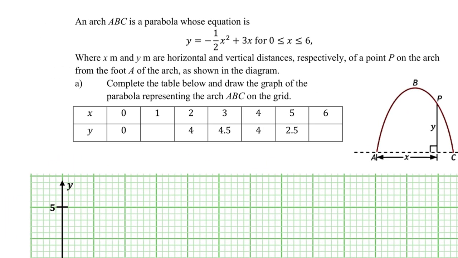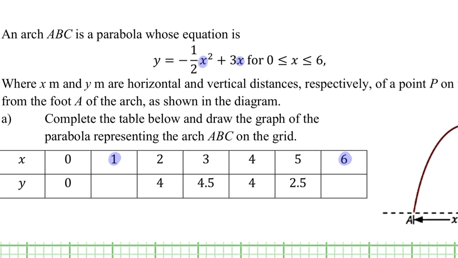Alright, let's complete part A first. Part A happens when x is equal to 1 and 6. For this completion of the table, I will have to substitute x with 1 and 6 respectively. Usually when I do that, I like to put brackets to remind myself.